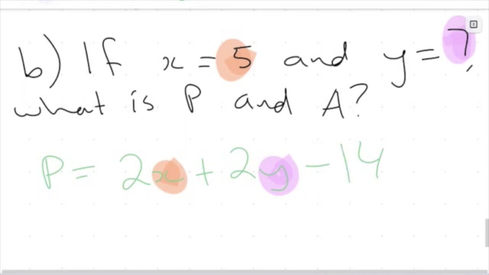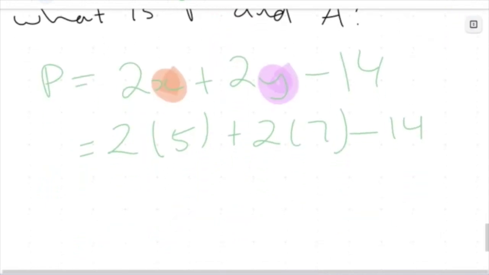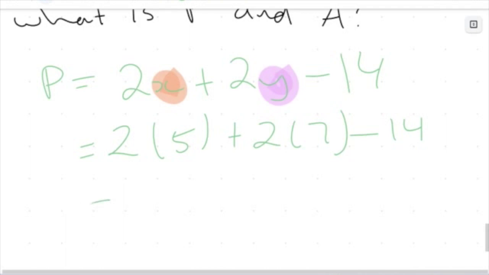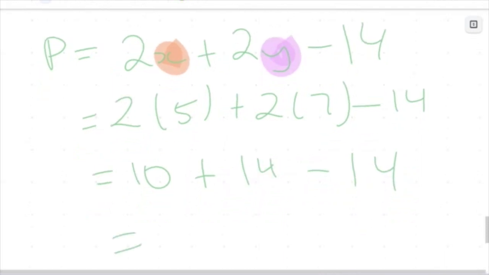So I have 2 times 5 plus 2 times 7 minus 14. So 2 times 5 gives me 10, plus 14 minus 14. So 14 minus 14 gives me 0. So I have a perimeter of 10.